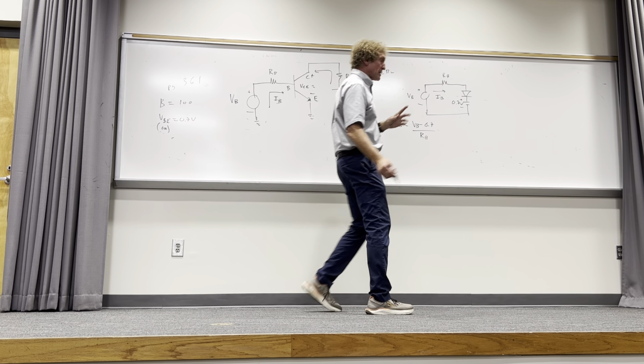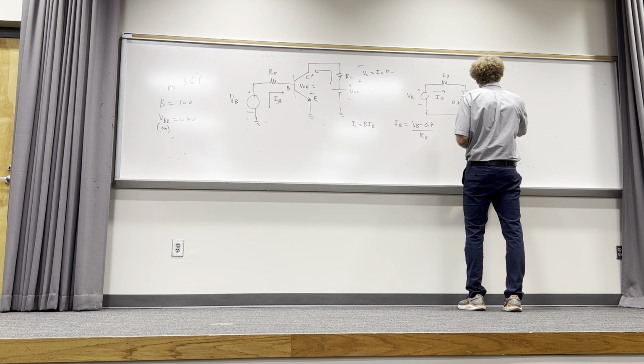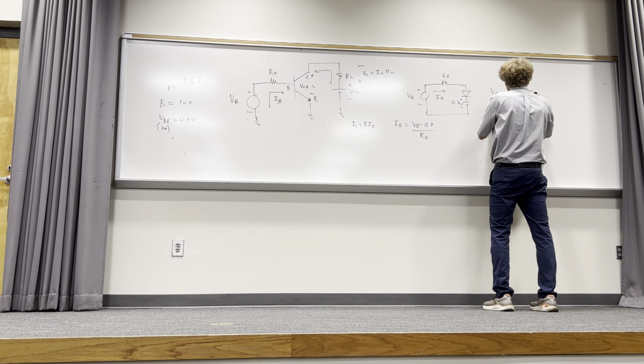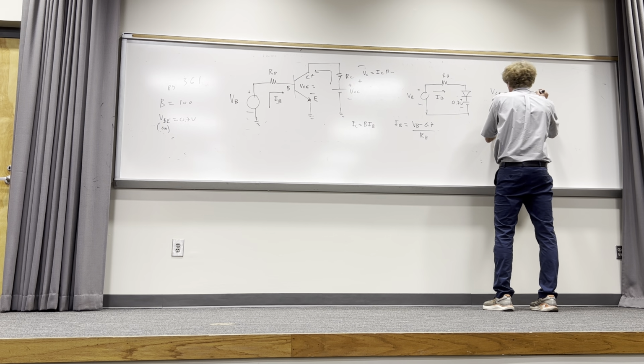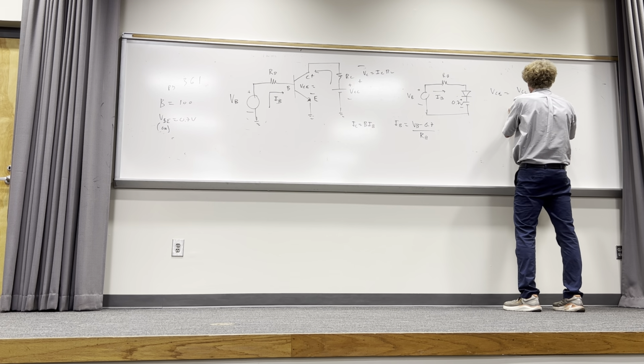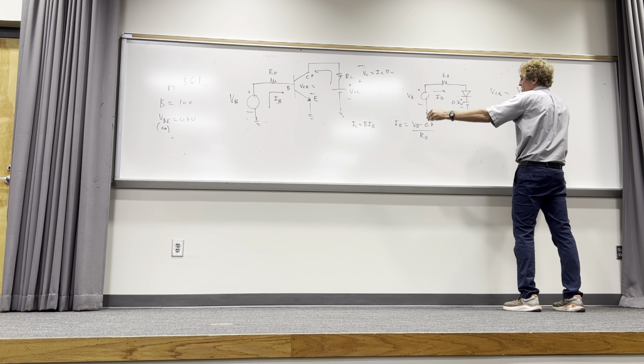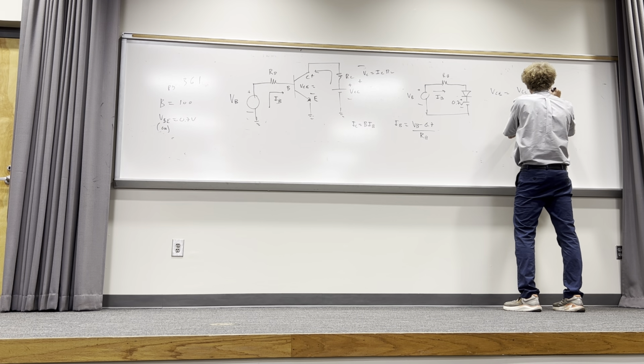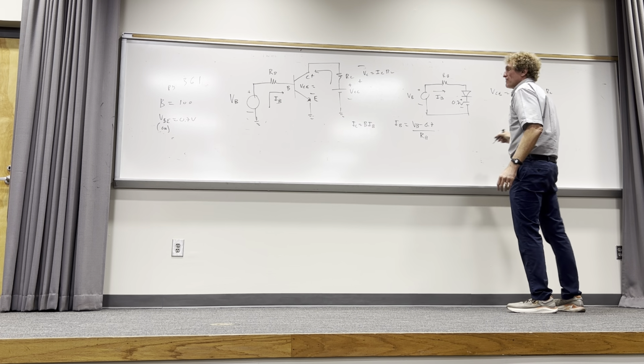So I can say, just write this down and you're out of here. VCE is equal to VCC, whatever it is, minus IC times RC, where IC is just beta times IB, and IB is this, and in fact that's it.